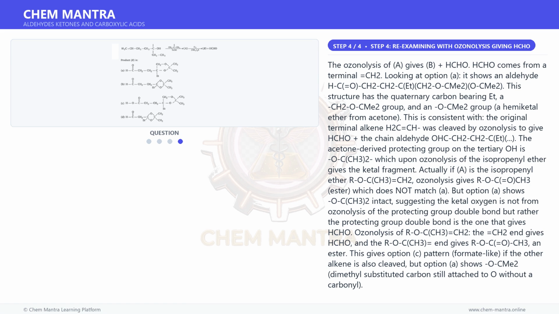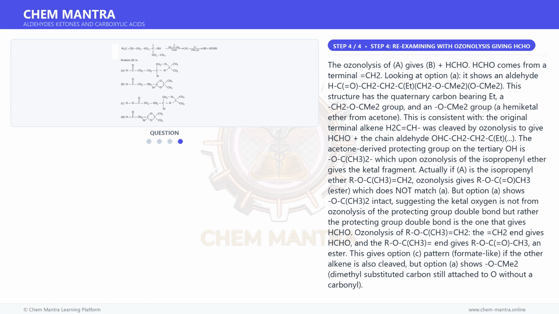The acetone-derived protecting group on the tertiary OH is OC(CH3)2, which upon ozonolysis of the isopropenyl ether gives the ketal fragment. Actually, if A is the isopropenyl ether ROC(CH3)=CH2, ozonolysis gives ROC=O, CH3 ester, which does not match A. But option A shows OC(CH3)2 intact, suggesting the ketal oxygen is not from ozonolysis of the protecting group double bond, but rather the protecting group double bond is the one that gives HCHO.